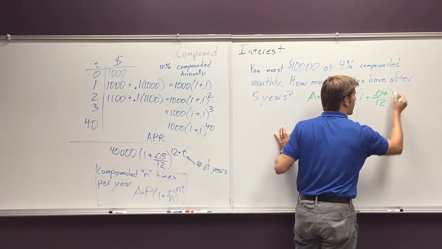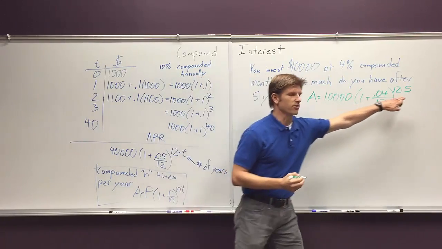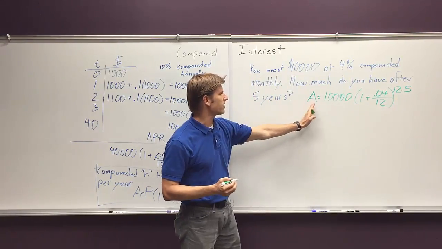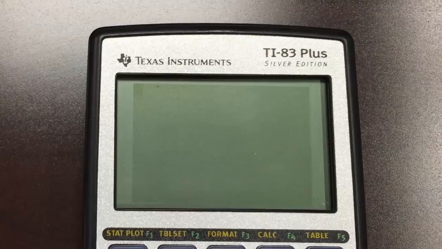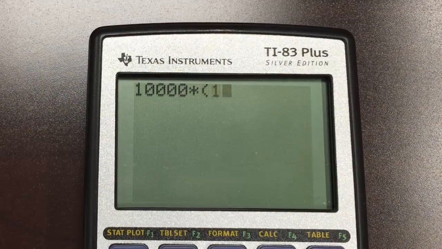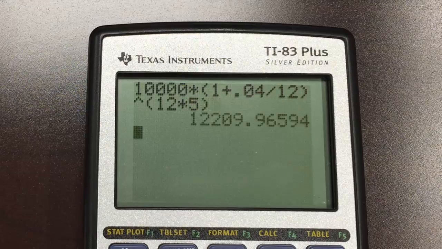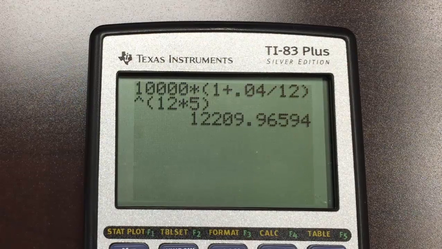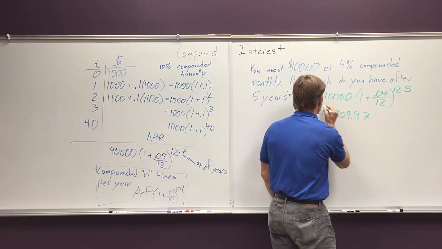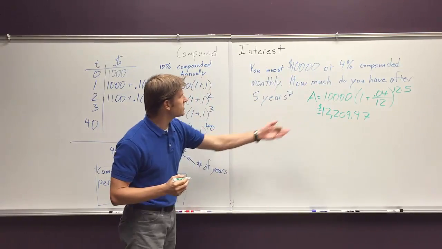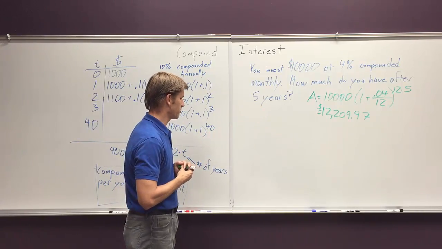I know it's compounded monthly, and I know that I'm going to wait 5 years. I'm trying to figure out A. It's really important that you punch that into your calculator correctly. So you get $12,209.97. So you can see that your money grew, but not incredibly fast at 4% interest.